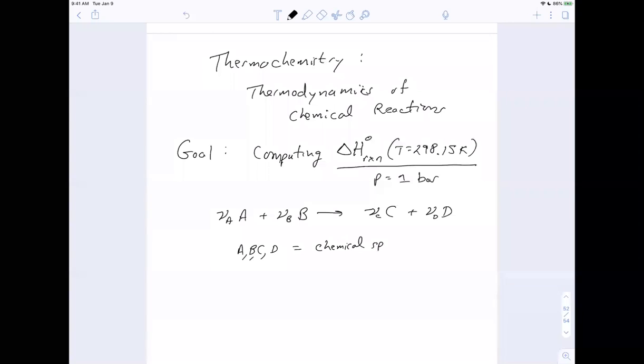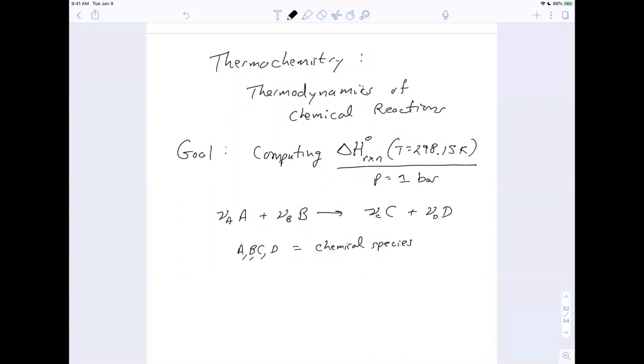I'm going to create a set of our chemical species, and in that set, I'll label each chemical species i. So if I wanted to sum, I would sum over all species i that are in this set, so i would equal A, B, C, D. That's something that we will get to a little later.